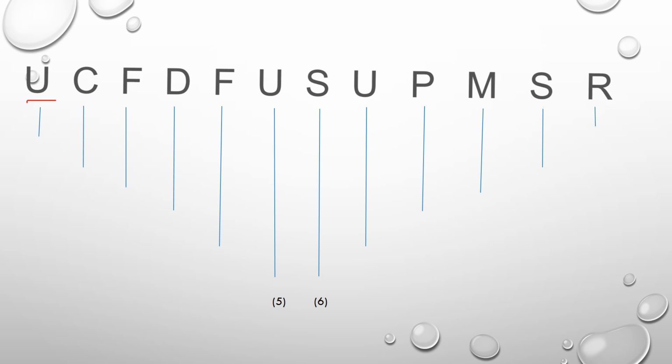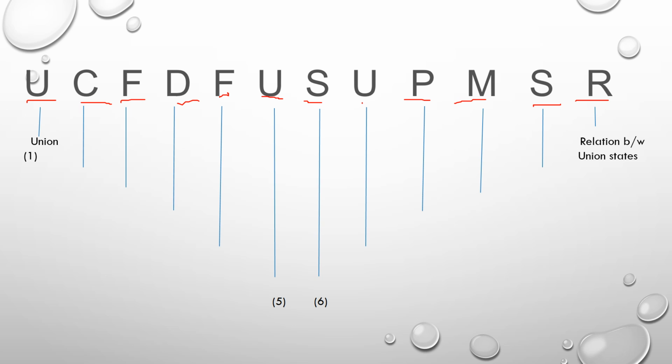You can see the letters U, C, F, D, F, U, S, U, P, M, S, R. So U represents Union. It is the Union and its territories. It is the first part of Indian Constitution.